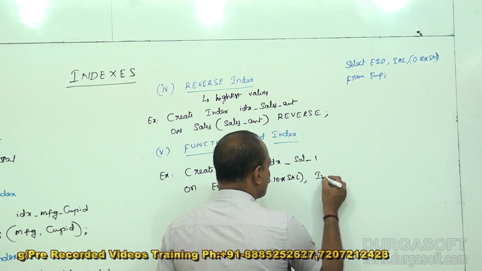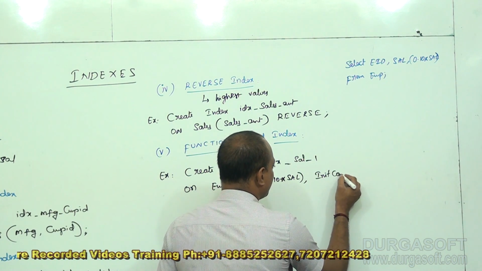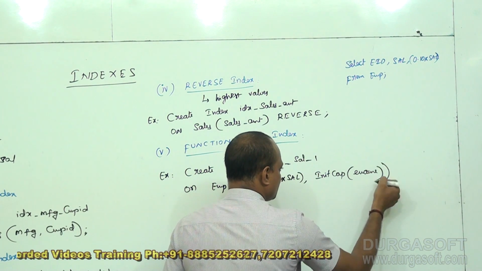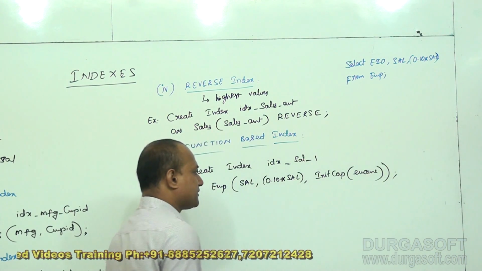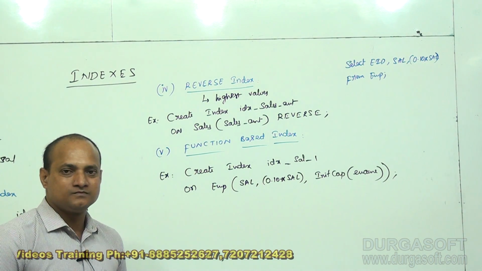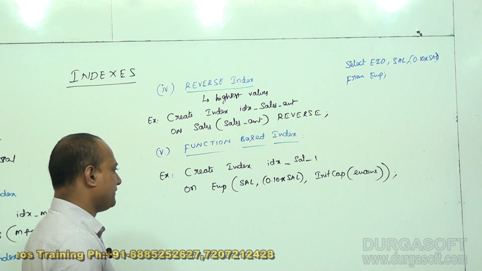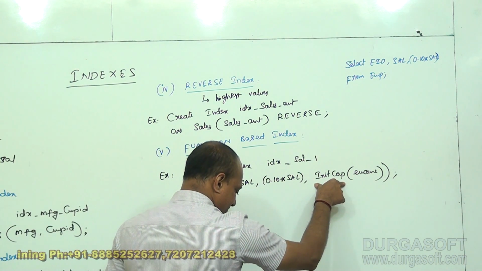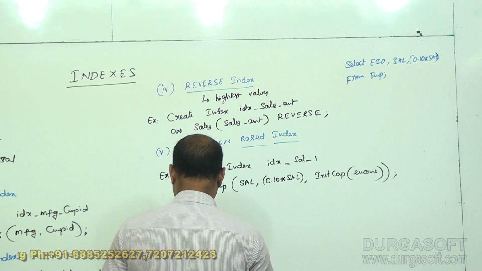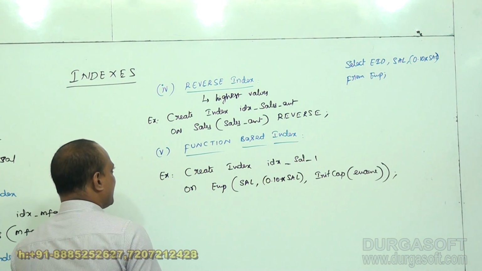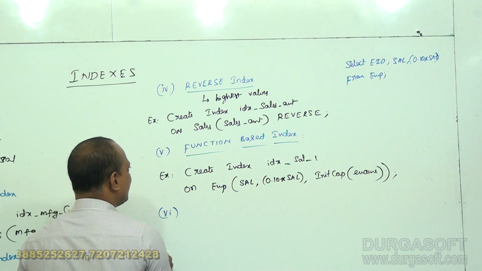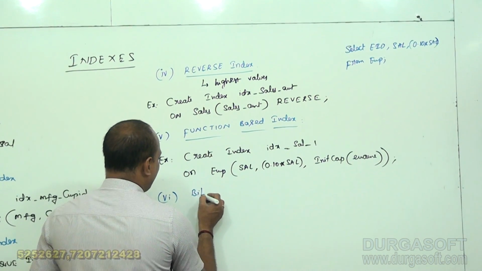So I am using the function initcap of ename. So this is called a function based index. In the index definition you are having calculations and functions also. Anything you can use.